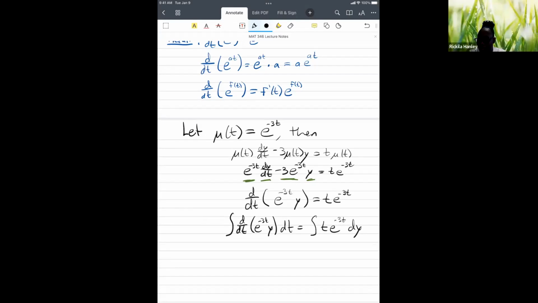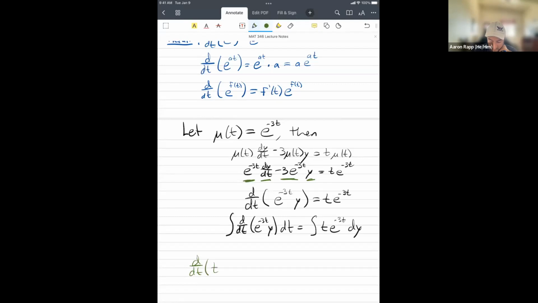The one on the right is just going to be t e to the minus 3t. So the antiderivative of t times e to the negative 3t is t times e to the negative 3t. So you're saying that means then that it's its own derivative.